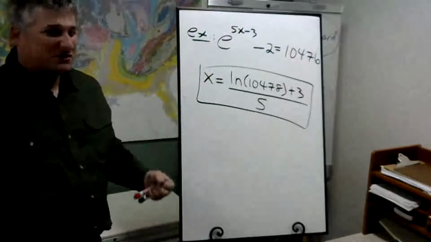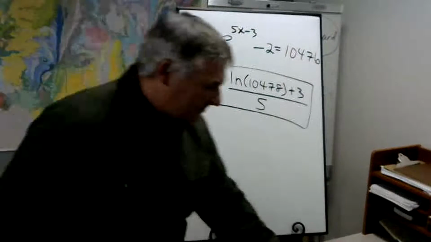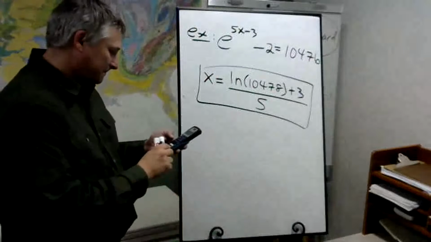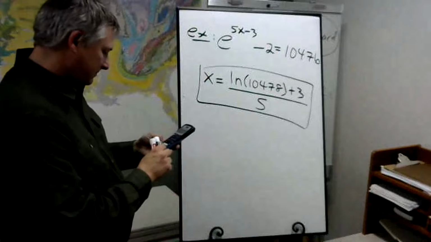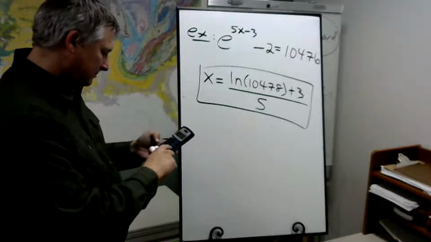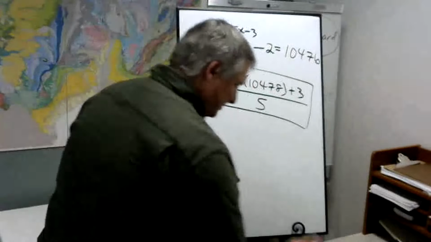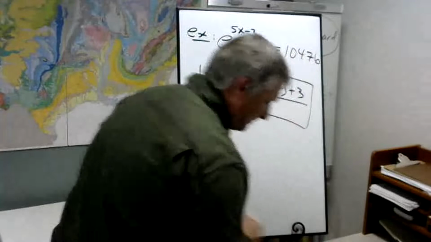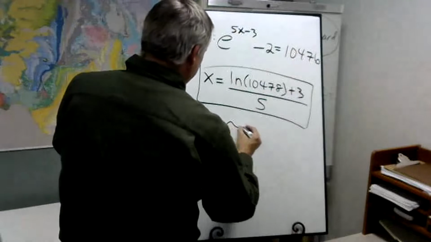Now, how would you check this answer, though, to be fair? Well, here, let me give you the approximation to 2 decimals. So it's approximately 2.45.